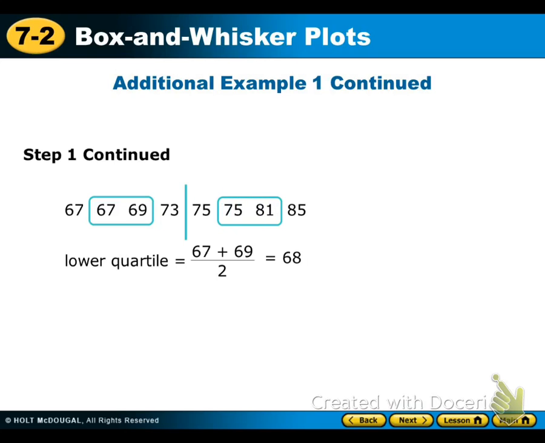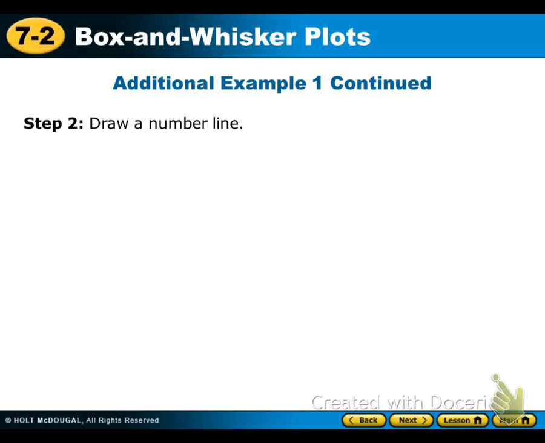Now the upper quartile, 75 plus 81 divided by 2, is 78. So we now have our lower quartile and our upper quartile. Remember, once we draw the line through the middle of the number set, which is the median of the entire set, we then have to find the median of both halves of the sets. That will give us our lower and our upper quartile.